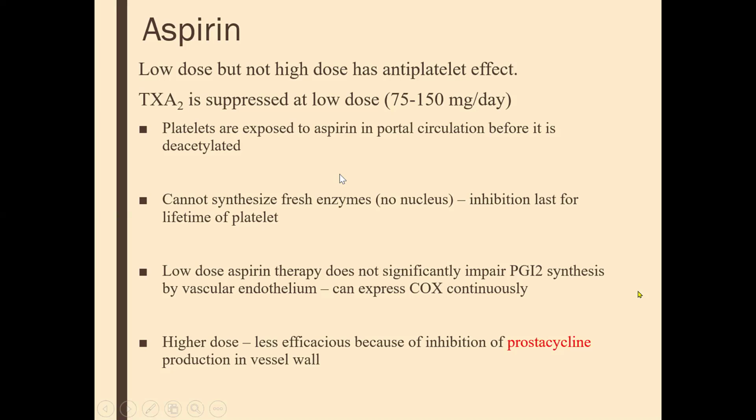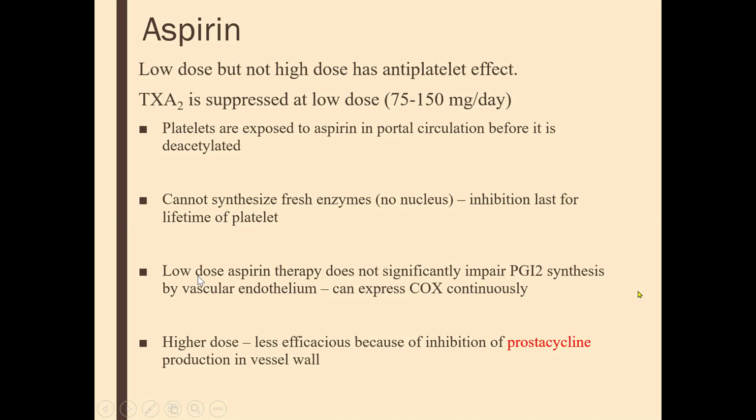So with a low dose, you don't need to give a high dose for that amount of inhibition. With repeated low doses of aspirin, the inhibition of that COX enzyme will be cumulative.